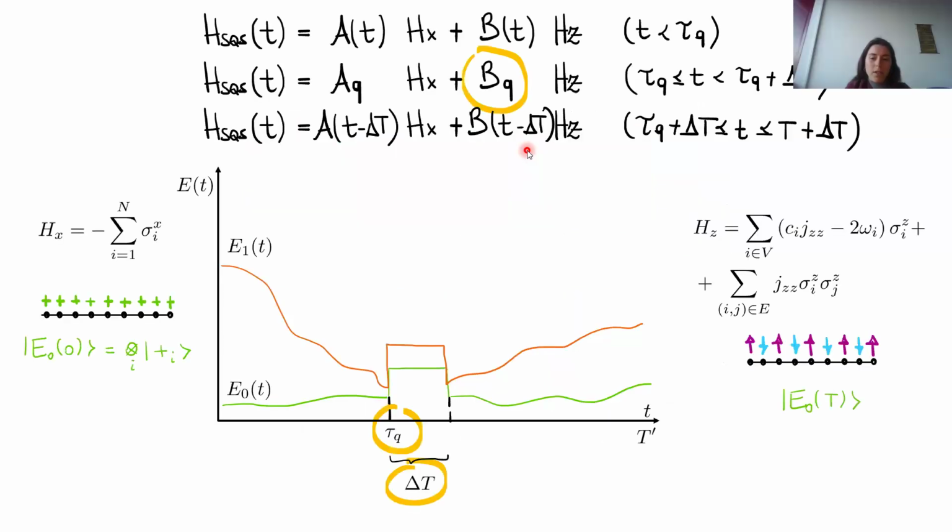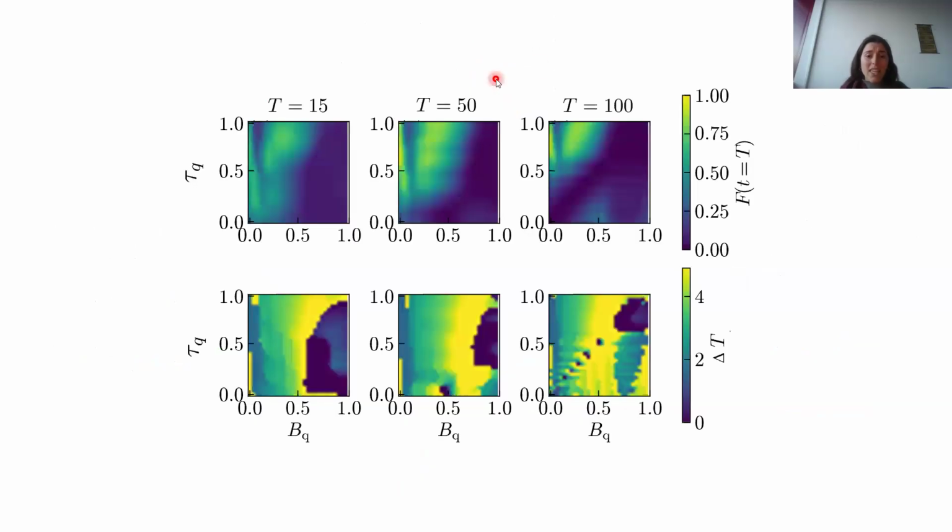In the sweep-quench-sweep protocol, we looked at 3 parameters, which are the beginning of the quench, tau q, its duration, and the value that the Hamiltonian has during the quench. And this is the grid search algorithm that we implemented.